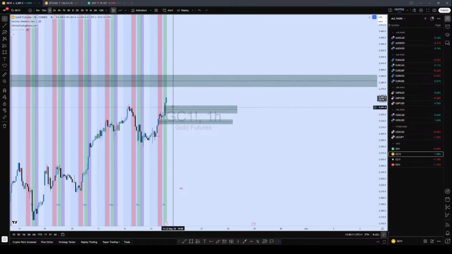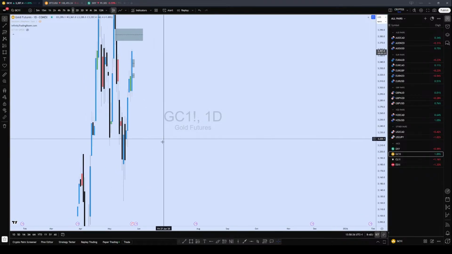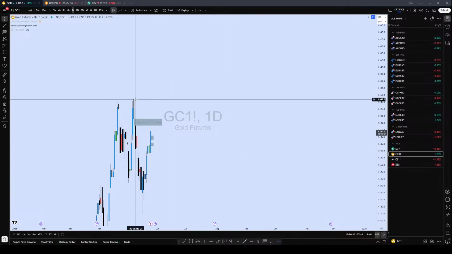Anyway, these two gaps, you're going to use for a continuation, because the down candle here will likely hold price to continue going up, because I think this is the low of the month of May, and we are going to come back up here.